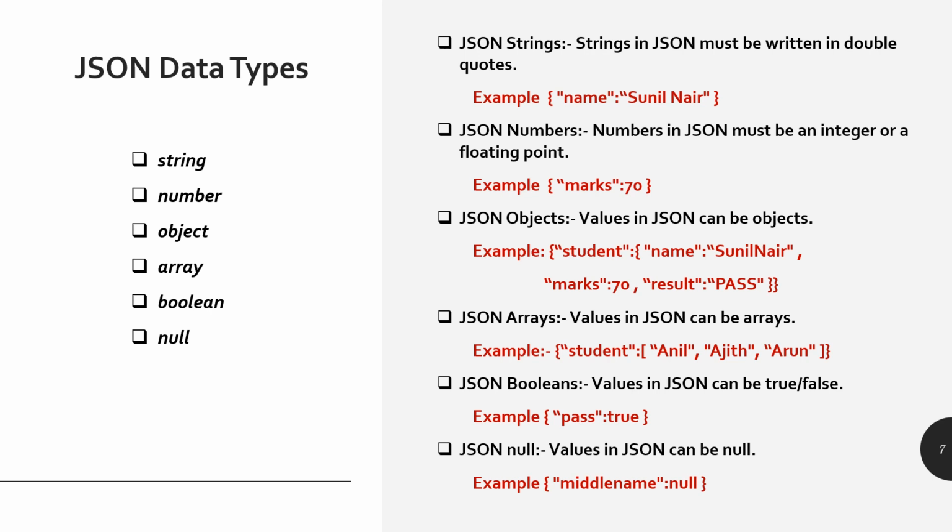This is an example of a name value pair. Then numbers: here this is the name, this is the value. It is a number here, and here it is a string.